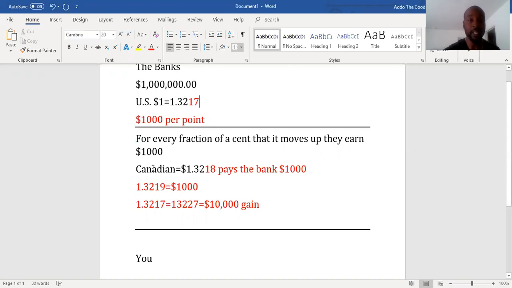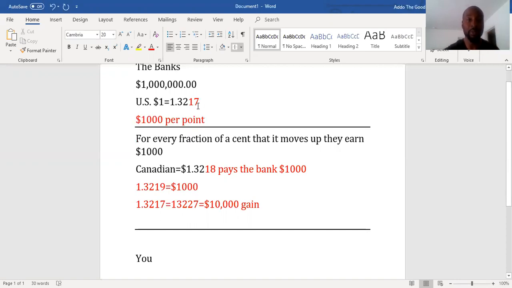The Canadian dollar moved up on the market today to 32.18, which pays the bank $1,000 because it moved up a fraction of a cent. Then it moved up another fraction of a cent, 32.19, and that's another $1,000. So it's $1,000 per point for each point that it moves up.